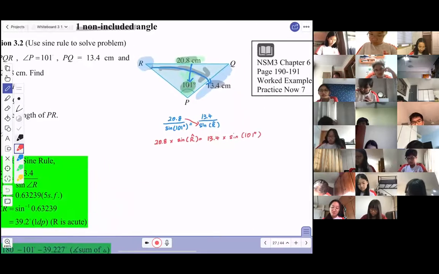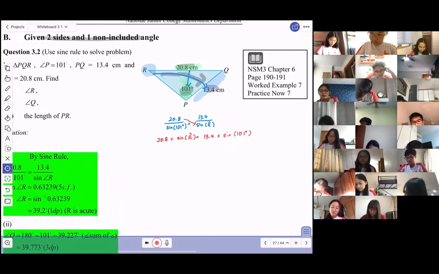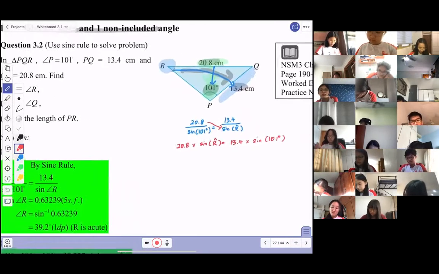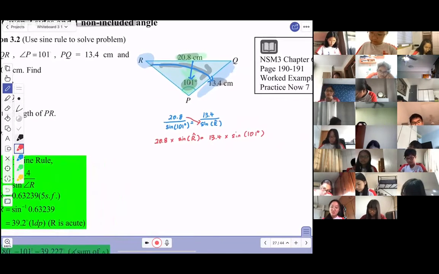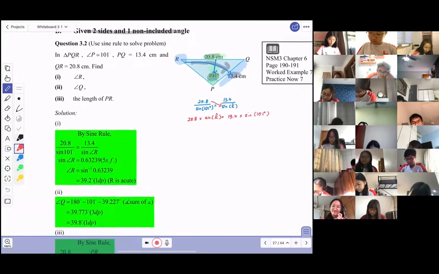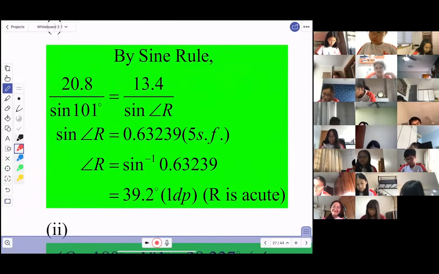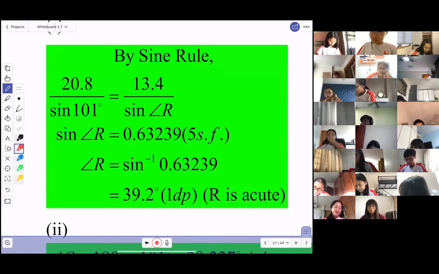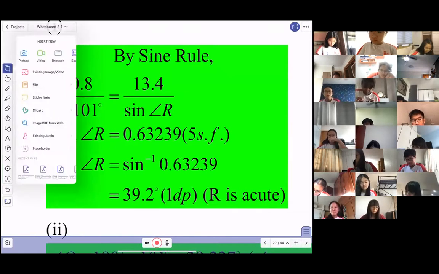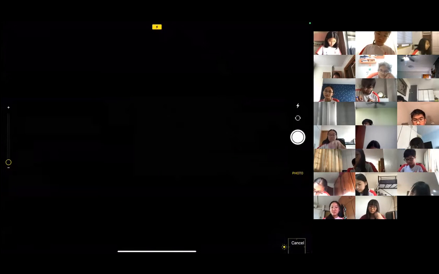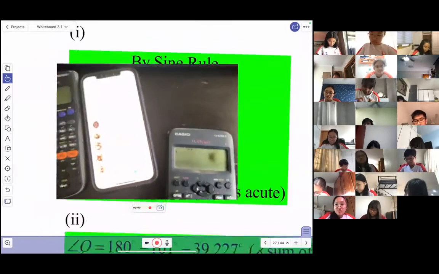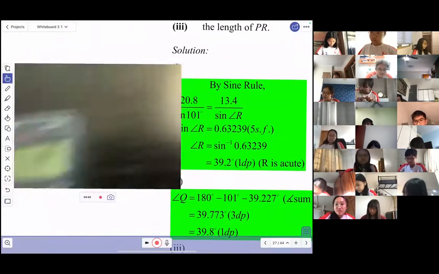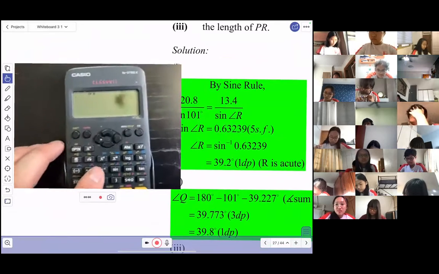So for part 2, we are looking for angle Q. The fun fact is from part 1, you should know that. So you forgot how to take out R from sine R. Okay, you have this. Sine inverse, you go to your calculator, you just key sine inverse, depending on which calculator you're using.